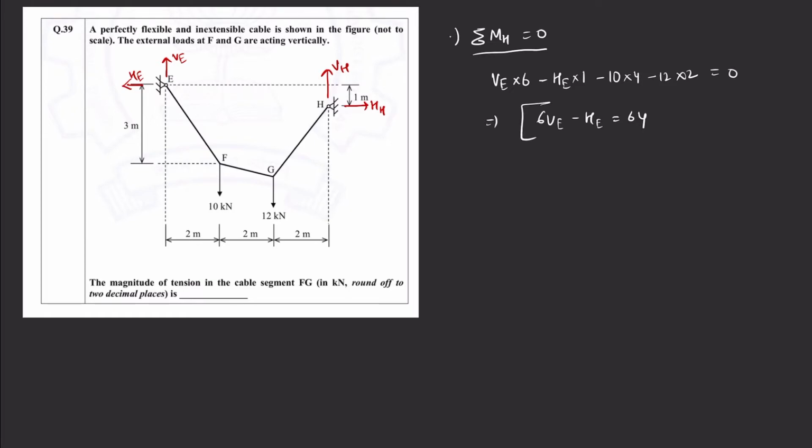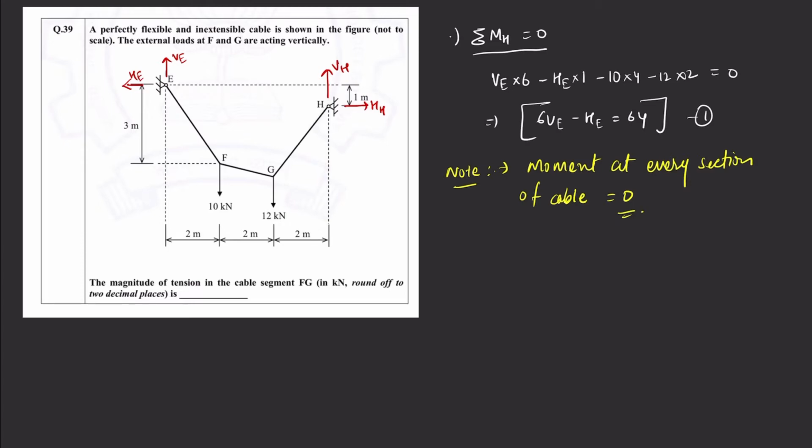So we got our first equation. In order to find the values of VE and HE, we need one more equation containing these two variables. As we know, in a flexible system, since the cord is flexible, the moment at every section of the cable is equal to 0. So from this we also take summation of MF equals 0 for the left side part, so as to calculate VE and HE.